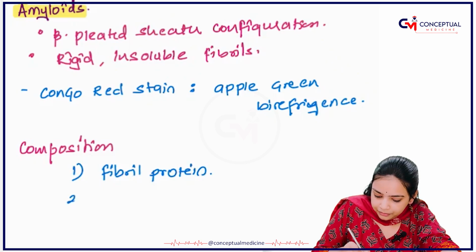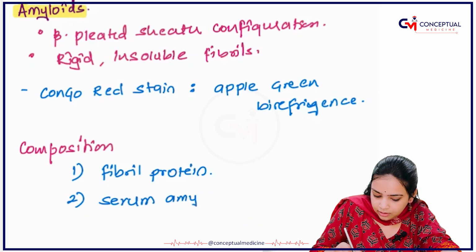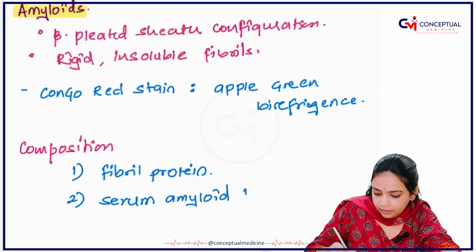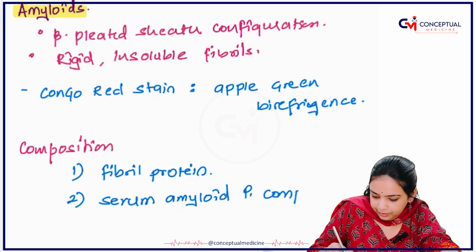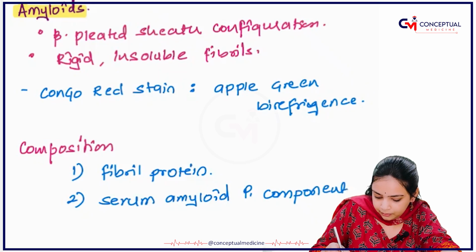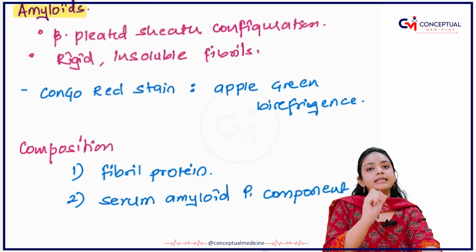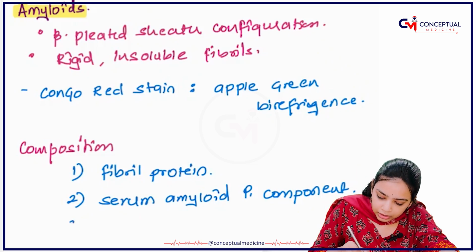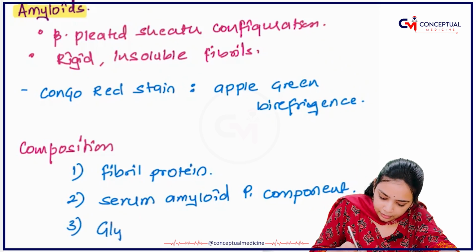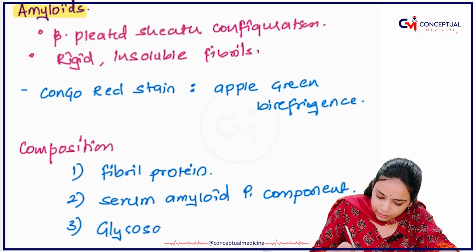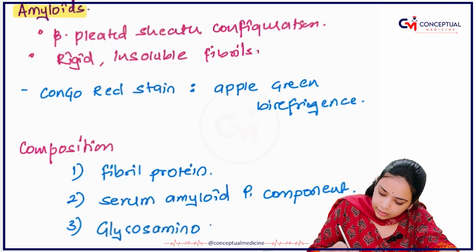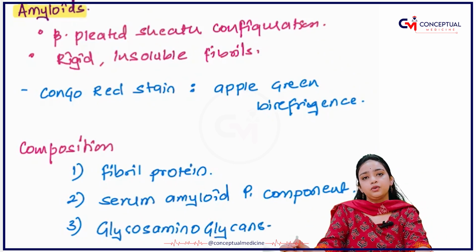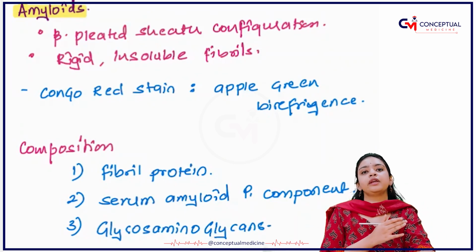Next you have the serum amyloid P component, which basically stabilizes the deposits in the amyloid. Third you have the glycosaminoglycans, and you will read about these in detail in your biochemistry lectures.